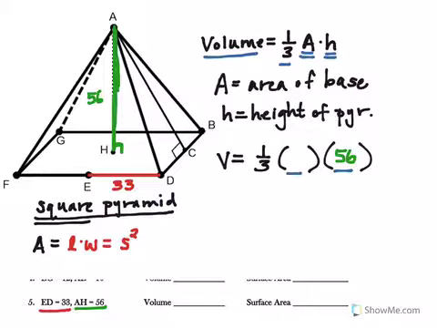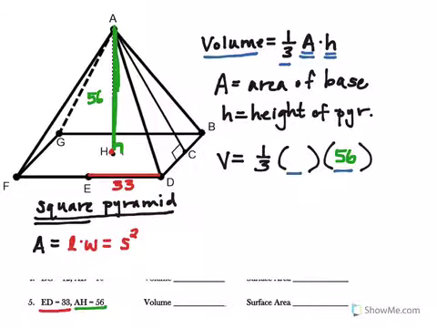Because it's a square, we know that this height is right at the center of the base. Therefore, it creates four congruent squares here in the middle. So this piece E to D is 33. Then we also know that H to C is 33, which will become important later.